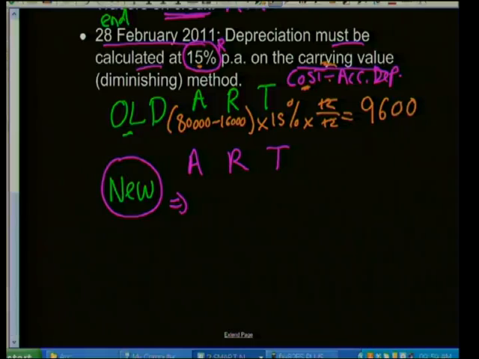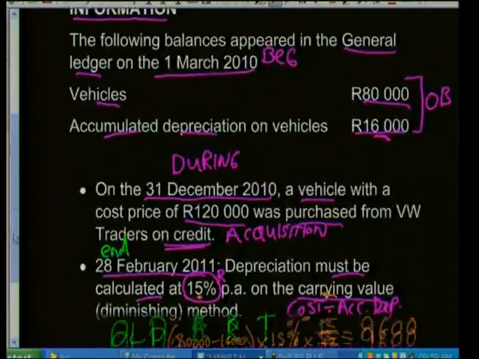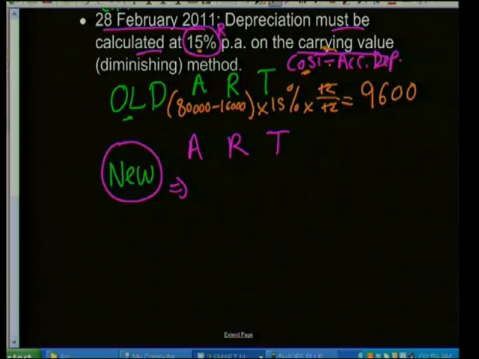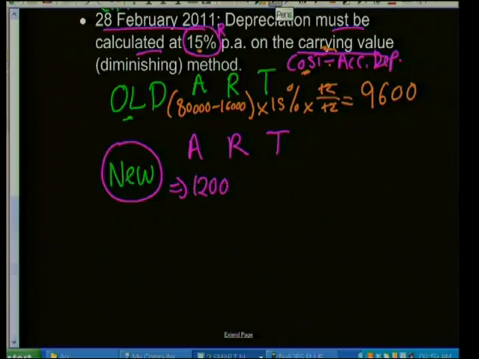So let's start off with the cost. The cost of this new vehicle that we've purchased, if we go to our ledgers, the new vehicle, the cost price is 120,000. So the cost, 120,000. Remember, no accumulated depreciation to subtract. The rate is 15%. That's what it's given to me at. And now let's look at time.